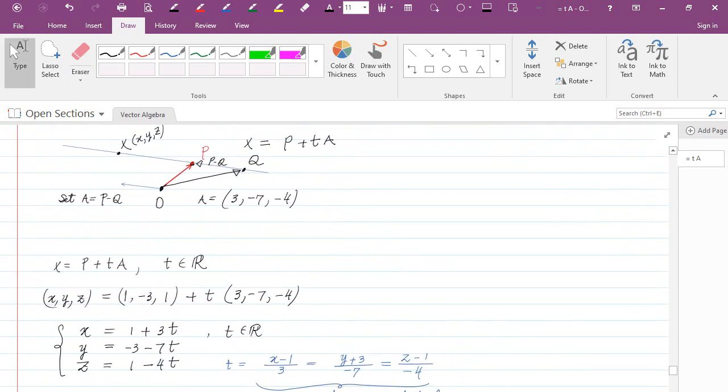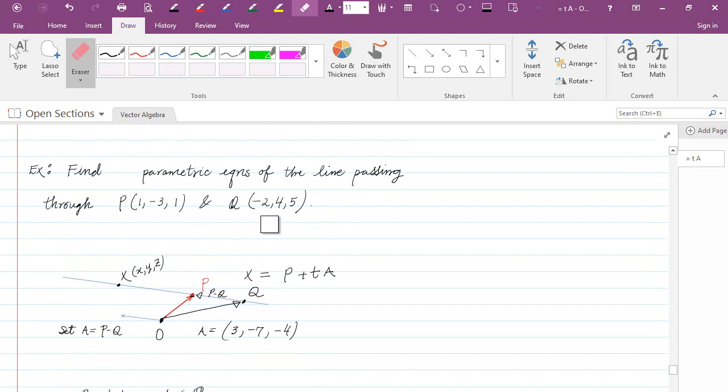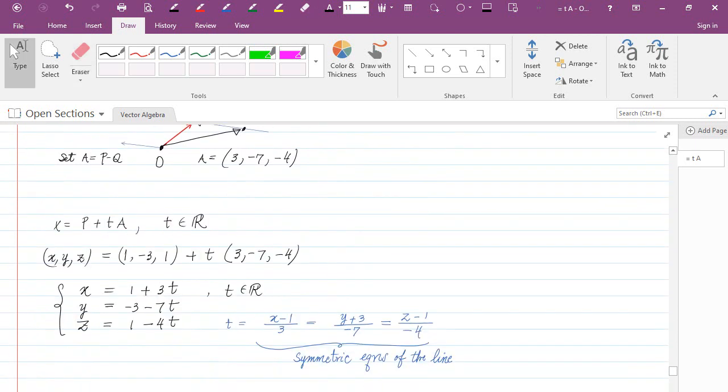When I'm writing down the parametric equations of the line, instead of using the point P, I could also use the point Q. We're not going to get the same exact equations, but it will still be the equation of the straight line.